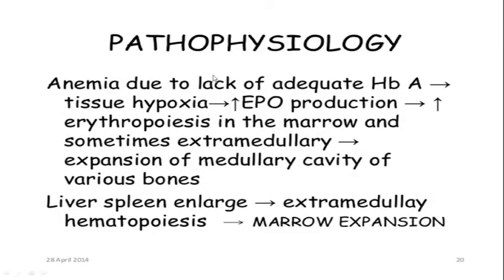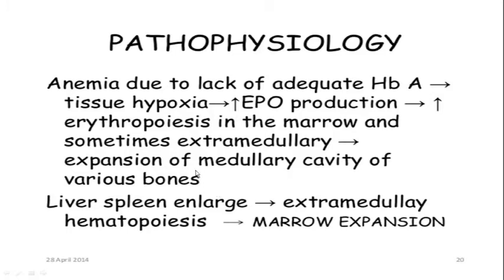So what will happen next as the anemia ensues? Because of the inadequate HbA, tissue hypoxia will lead to increased erythropoietin hormone production in the kidneys, and that will lead to erythropoiesis in the marrow, and that will lead to expansion of the medullary cavity of the various bones. Very important to know this.